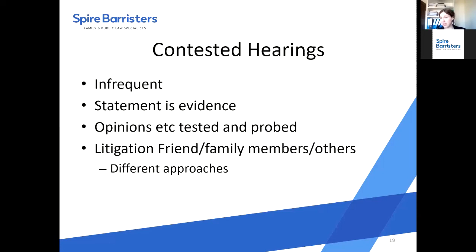And it probably doesn't feel like it if you're in the witness box, but it's not. It's absolutely not. But you'll have representatives probably of P. You could have family members in person because there's no legal aid in these cases unless you're P or the RPR.